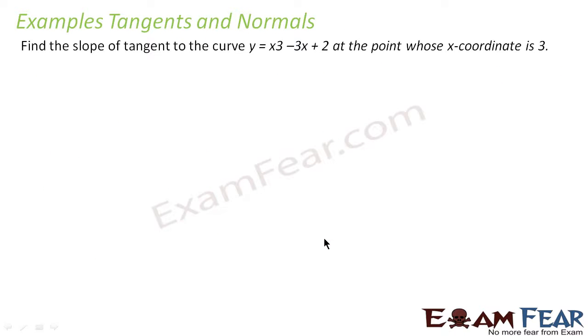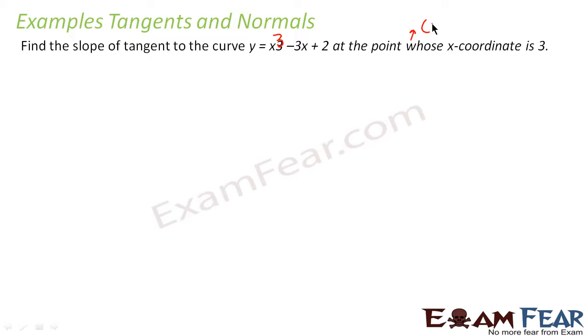Let's take one more example. Here we have to find the slope of tangent to the curve y is equal to x cube minus 3x plus 2 at the point whose x coordinate is 3. Similar question, the only thing is the language is different. Here instead of giving the point, they are saying point whose x coordinate is 3.